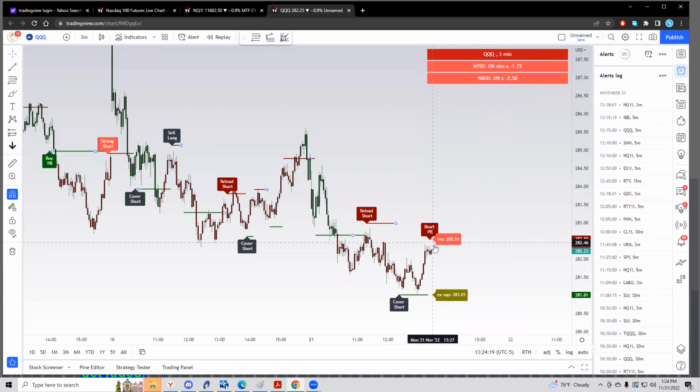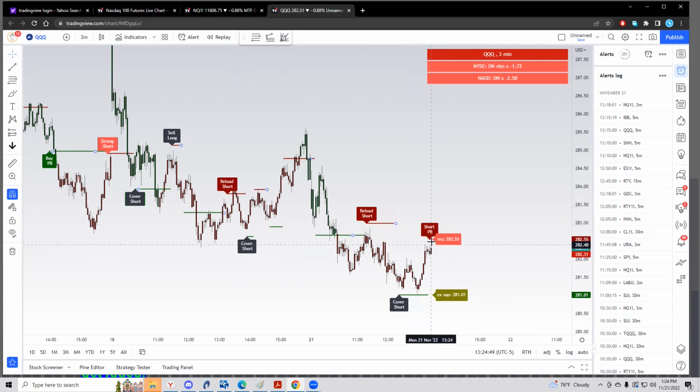For example, here you see we got a pullback. The pullback is done to a lower high in comparison to that high and that high and that high. And the previous low made a lower low. This is why the indicator flags that potential short setup. You see the reload short was detected here, reload short was detected here, and short pullback is detected here.